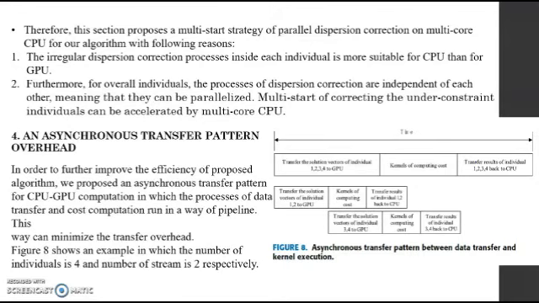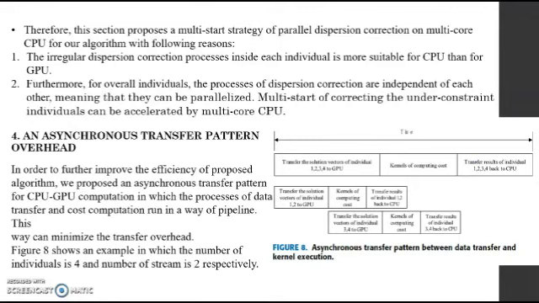So the fourth point is the asynchronous transfer pattern overhead. The figure that you can see here is the asynchronous transfer pattern between data transfer and kernel execution. In order to further improve the efficiency of the proposed algorithms, we proposed an asynchronous transfer pattern for CPU and GPU computation, in which the processes of data transfer and cost computation run in a pipeline.